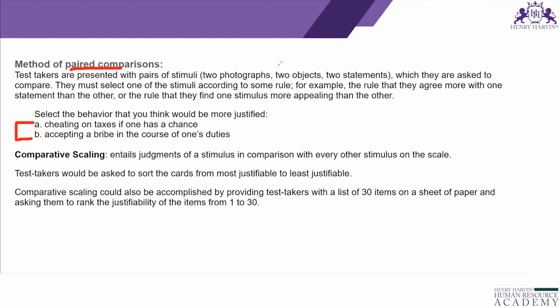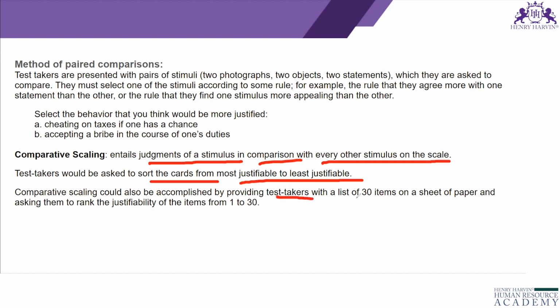Now, the next one is comparative scaling. It entails judgment of a stimulus in comparison with every other stimulus on the scale. Like test takers would be asked to sort the cards from most justifiable to least. So there will be more items which you have to compare. Comparative scaling could also be accomplished by providing test takers with a list of 30 items on a sheet of paper and asking them to rank the justifiability of the items.